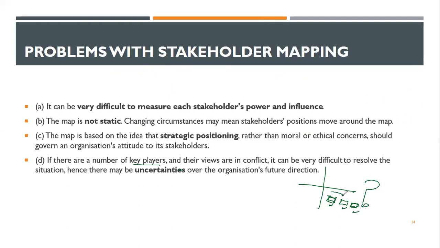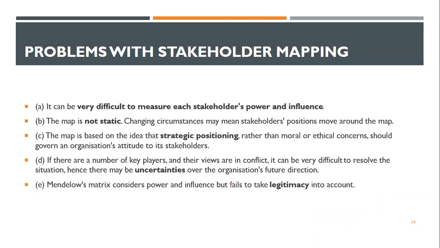Mendelow's tells you that whoever comes in D, you try to meet their objectives. The strategy should be accepted by all of them. But these are different stakeholders and they might have different objectives, and you can't make all of them acceptable. So then what should you do? The answer is not given in Mendelow's model. Then you have to make your own judgment. So these are the problems with Mendelow's model.